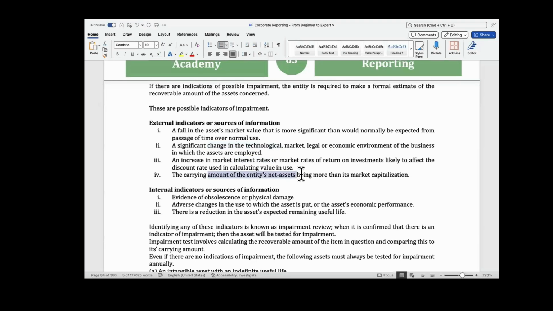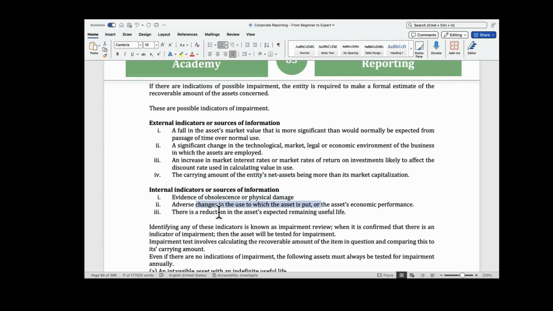These are external indicators. And the internal indicators that your asset must have been impaired are, one, if there is physical damage or obsolescence of that asset, or where there is an adverse change in the performance of the asset. An asset that used to do 10,000 units per day before can now only do 5,000 units. It might show that the asset is weak and is impaired.